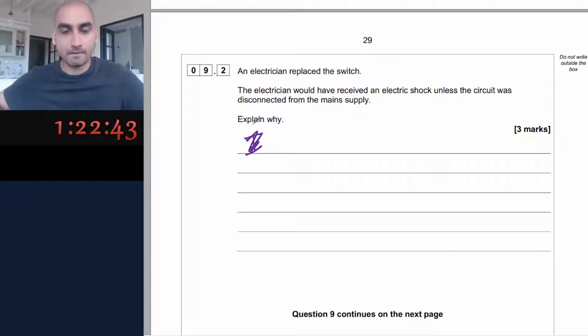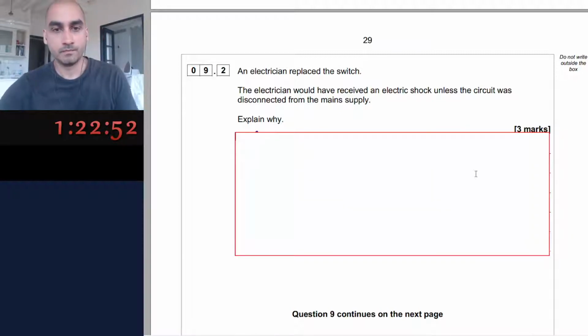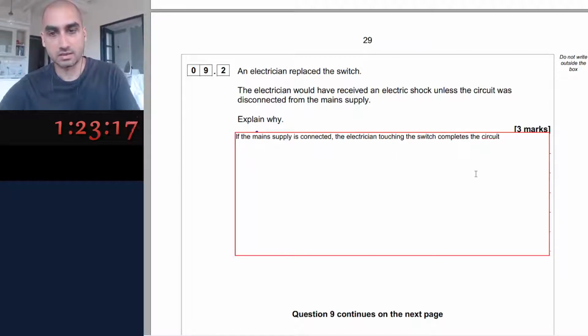If the main supply is connected, the electrician touching the switch completes the circuit using himself as a resistor.